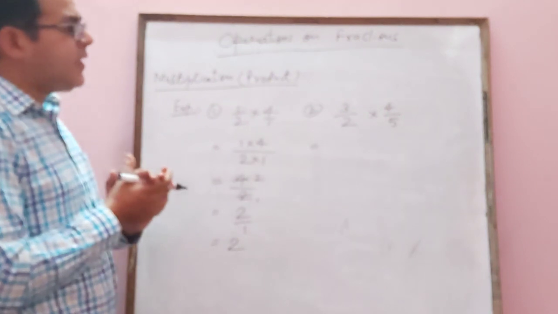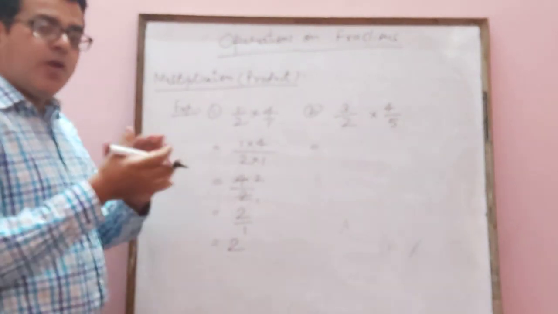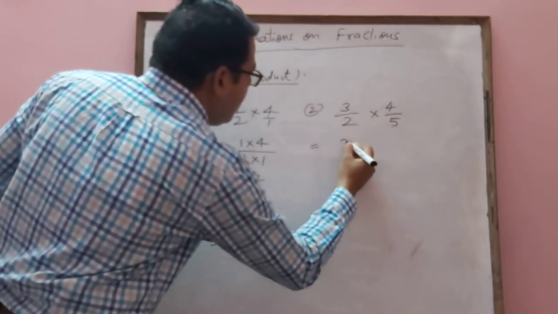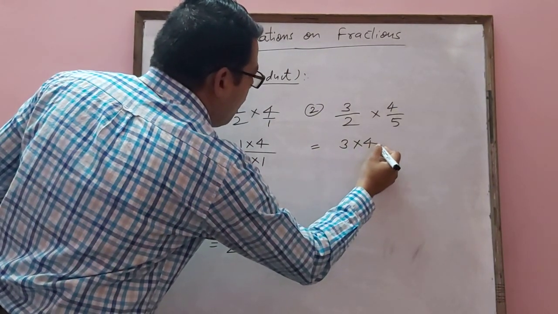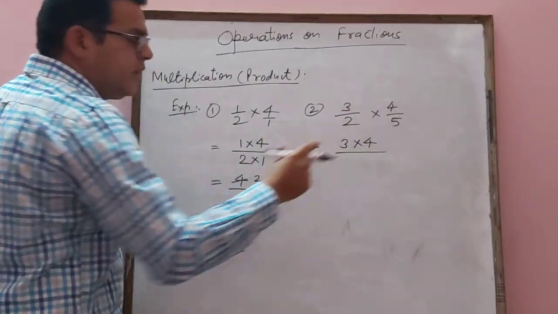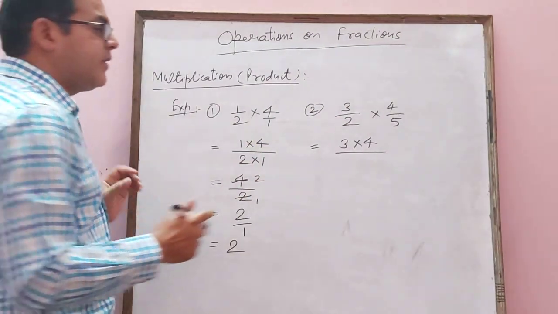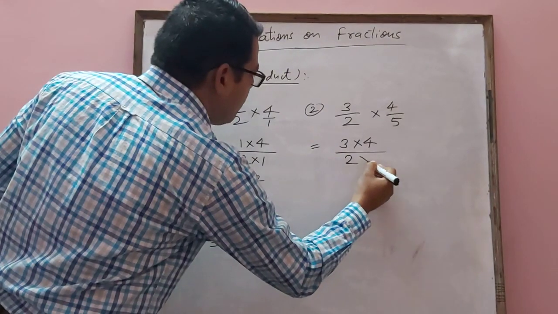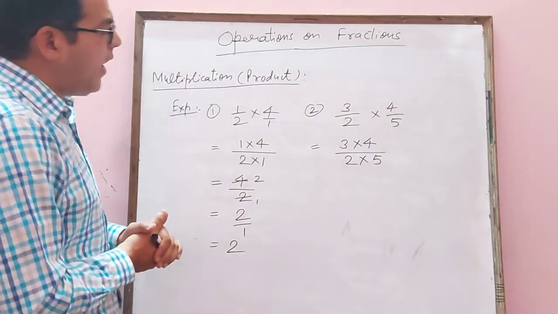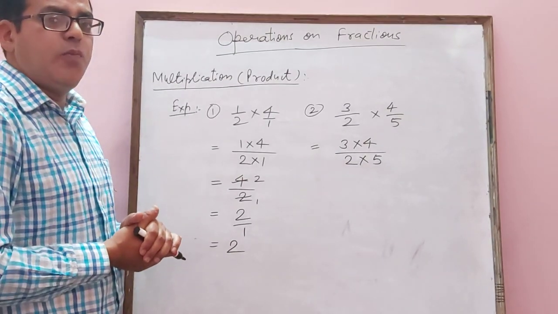We can directly multiply numerator with numerator and denominator with denominator. So, 3 and 4 we can multiply together, because 3 and 4 are the numerators. Similarly, downside we can multiply 2 with 5, since 2 and 5 are the denominators, right?